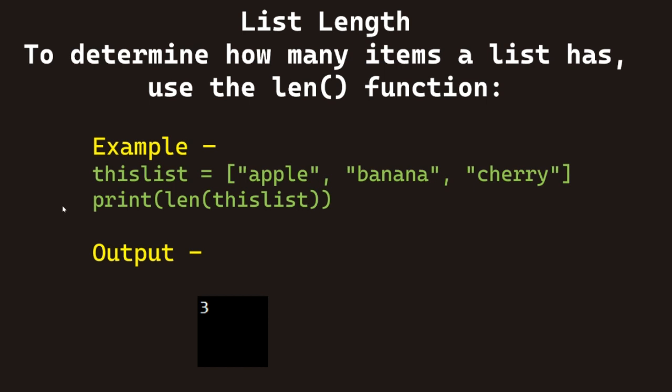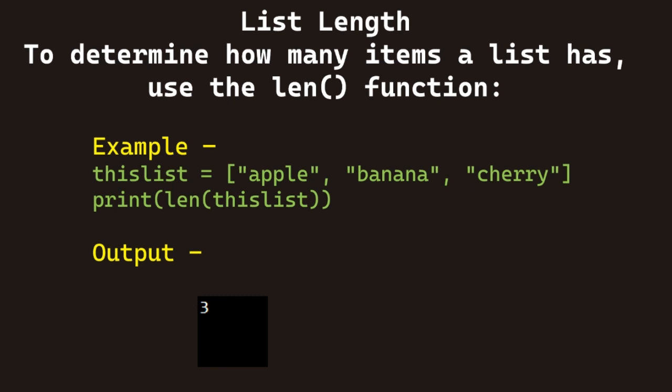So for that I have to code like this: print, then inside bracket len is for length, and then inside bracket whose length we want, the length of the list, whose name is this list, so we will put the name of the list. And in the output you can see we are getting 3. So that's what I wanted.